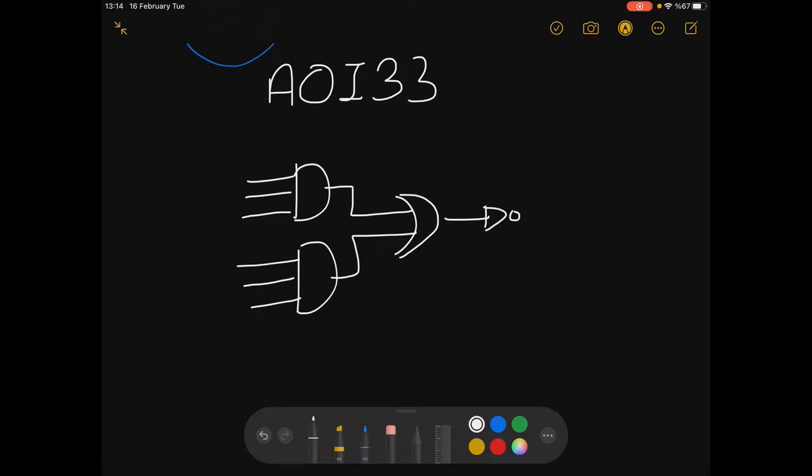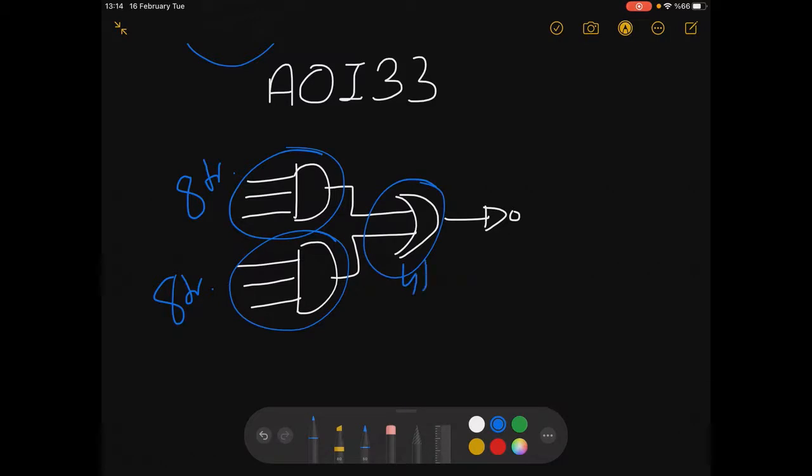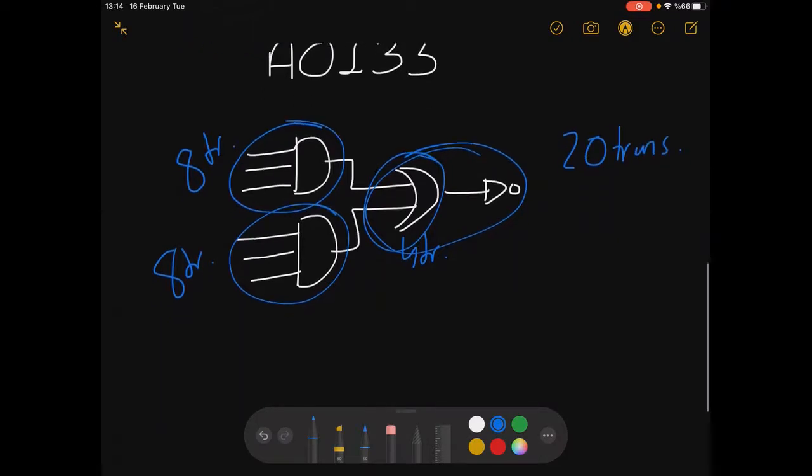If you want to implement this, it will cost you 8 transistors, and here you will have 8 transistors as well for this 3-input AND circuit, and here you need 4 transistors, and for all of them 4 transistors, and it will result in 20 transistors for implementation, your total cost.